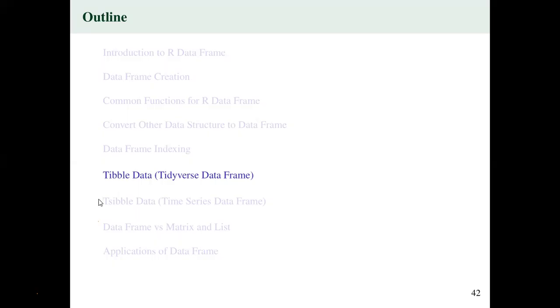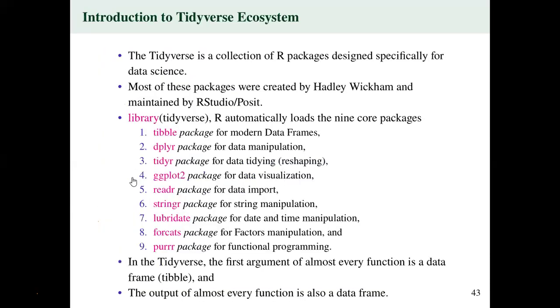What is table? Number one, let us learn about the tidyverse. Tidyverse is a collection of R packages designed specifically for data science. So when you say tidyverse, it is a collection of 9 packages. When you activate tidyverse, you activate these packages as well.